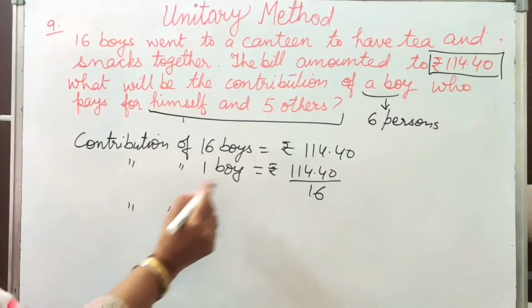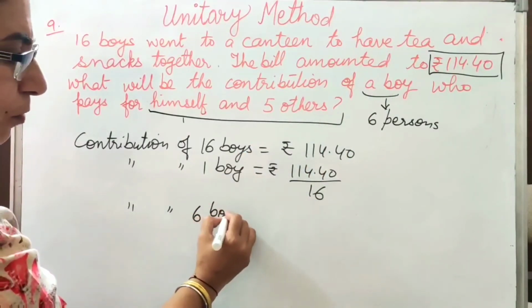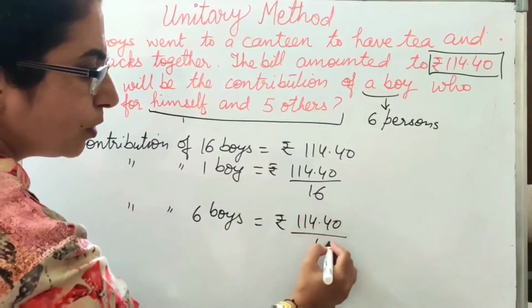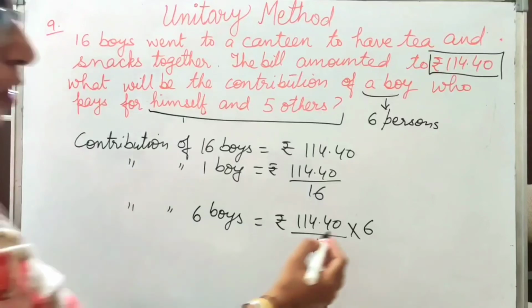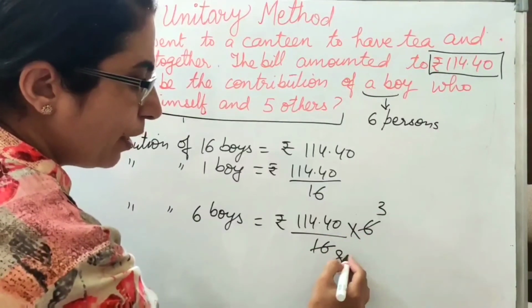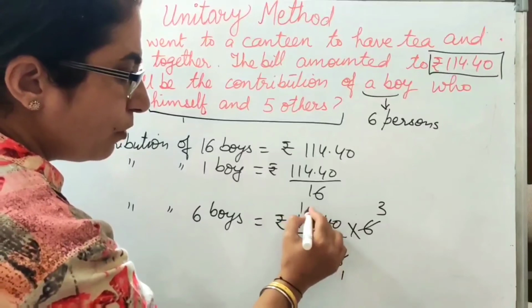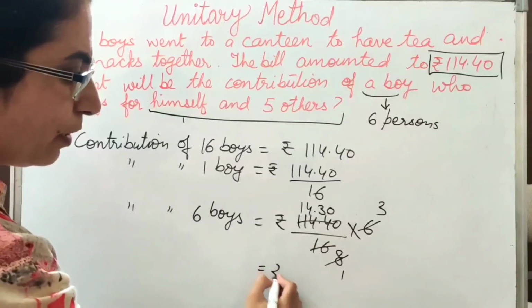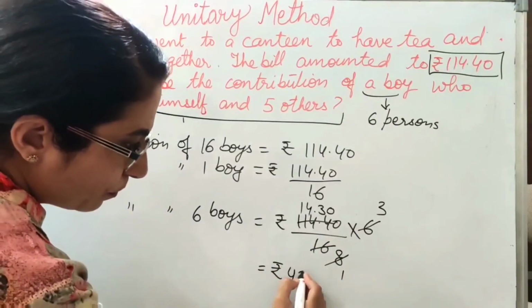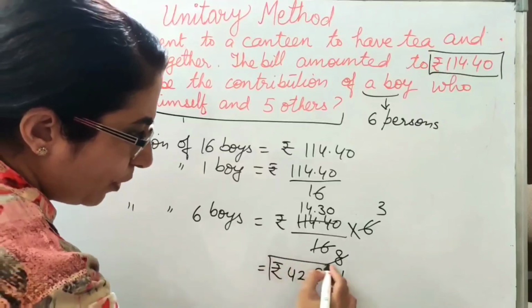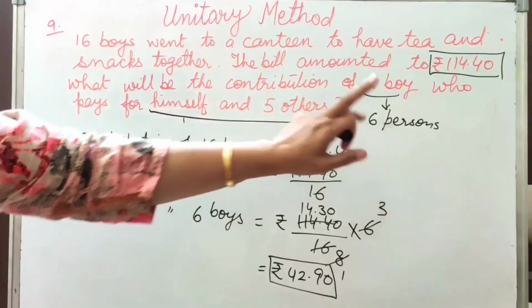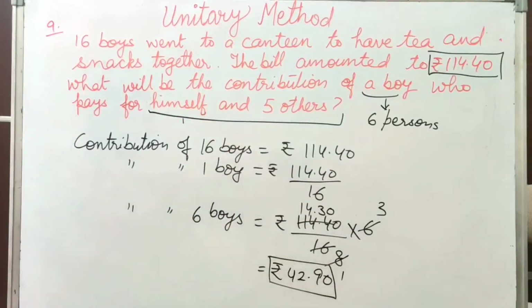Next, the contribution of 6 boys is 114.40 upon 16 multiplied by 6. Now you can simplify 3 and 8, then 3, 4, 3, 0. That gives 14.30 multiplied by 3, which is rupees 42.90. So 42.90 is the contribution paid by one boy for himself and 5 others. Hope you got these questions. Thank you.